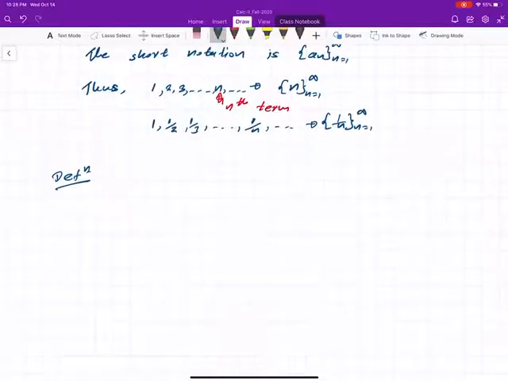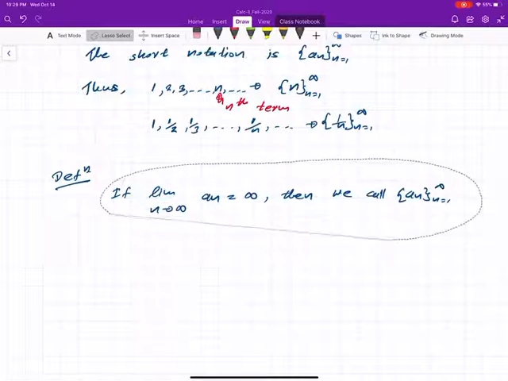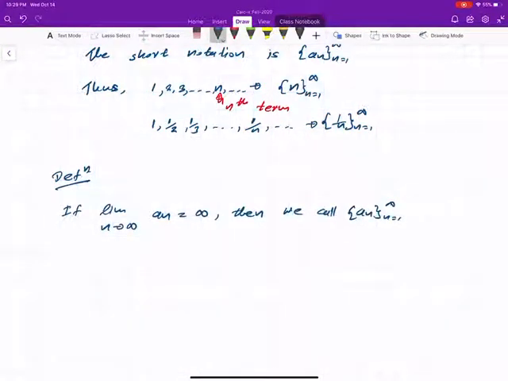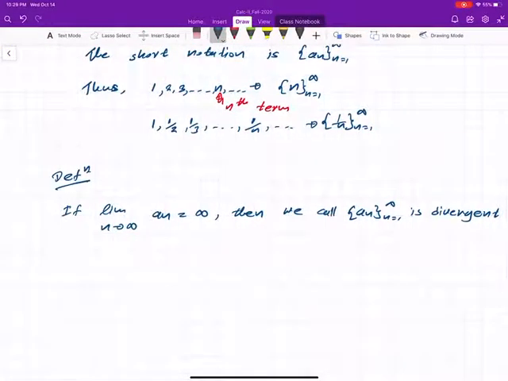Definition: if the limit as n goes to infinity of a_n equals infinity, then we call {a_n} divergent. That's how we define divergence.